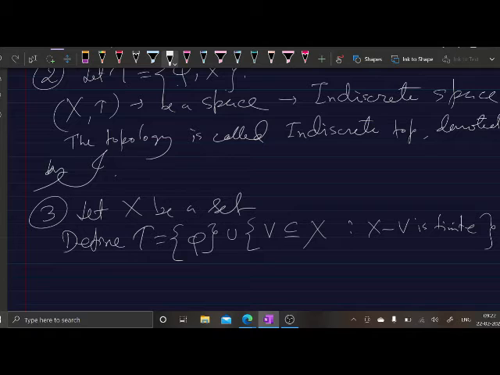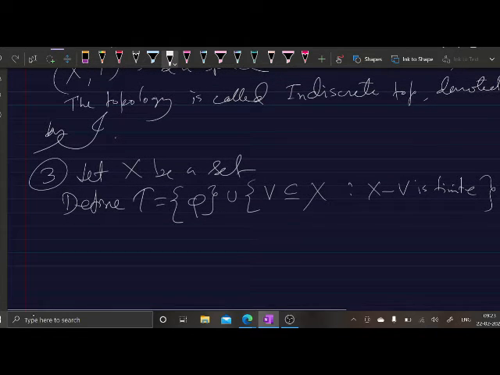So you are taking phi along with those V subset of X whose complements are finite. Then check whether tau is a topology.